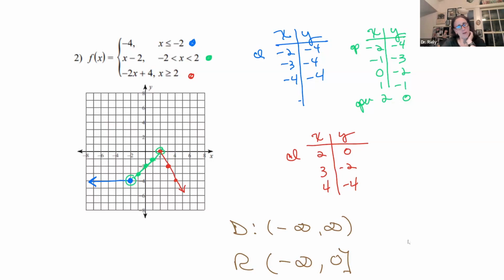Because the red function fills it in, you're allowed to equal that 0, and that's why I have the bracket. I think doing it with color really helps, because then you can see what piece of the function is doing what, especially in terms of opening and closing.